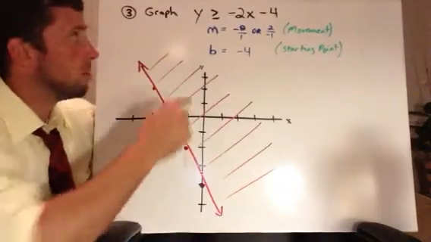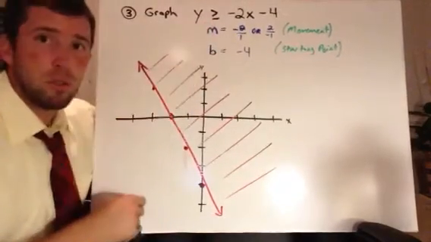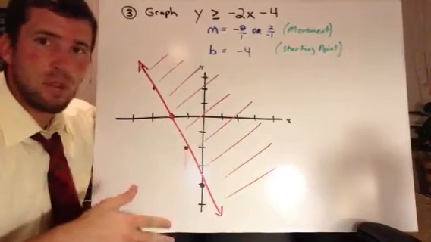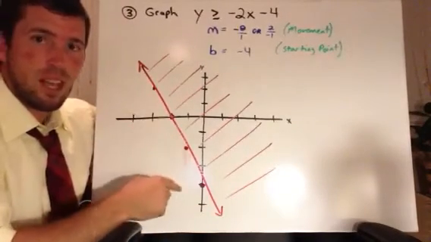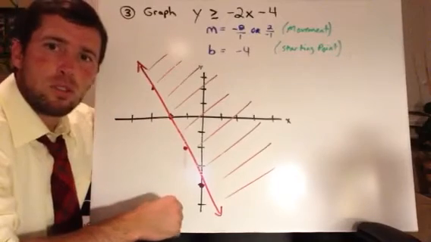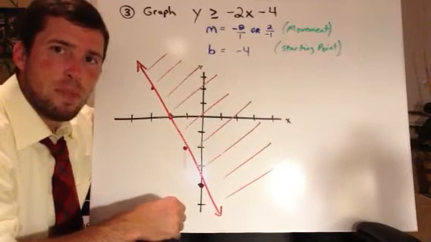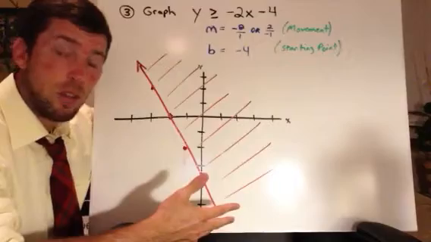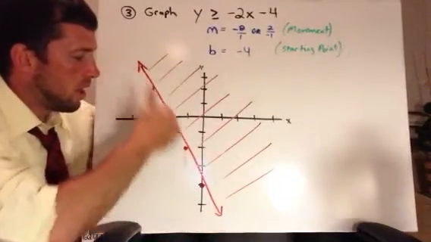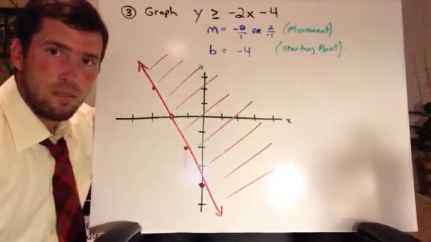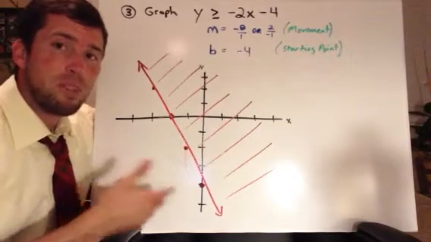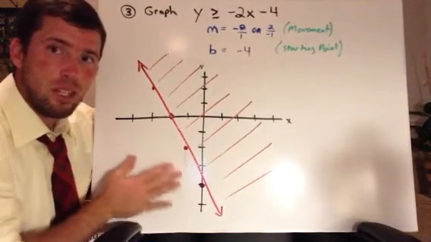Now, further on. It says greater than or equal to. So since it says equal to, that's why I have a solid line in this case. And since it's greater than, I want you to think of this as being above the line. Greater than. So if I take this line, on the top side of this line, I'll shade. If it were to be less than, then I want to shade it underneath.